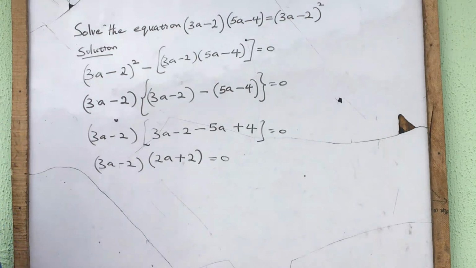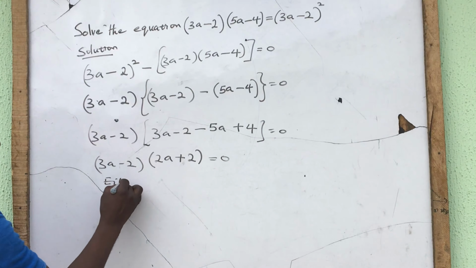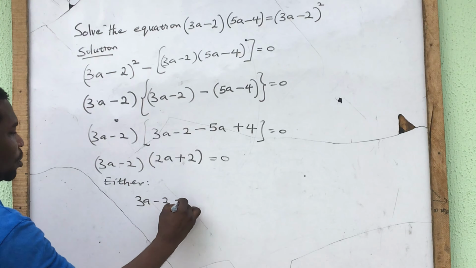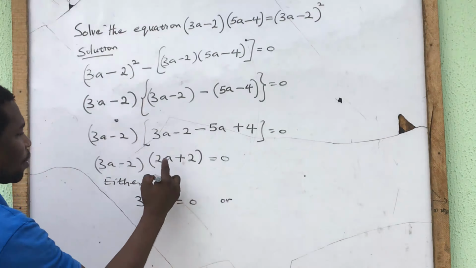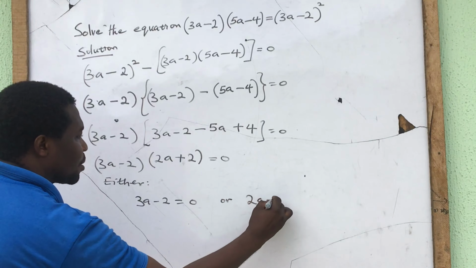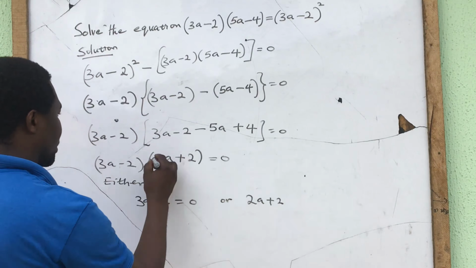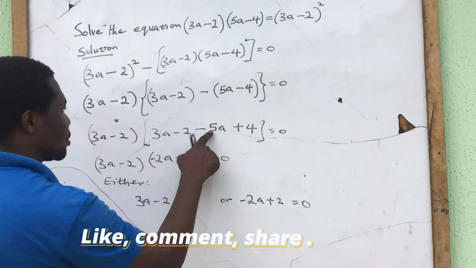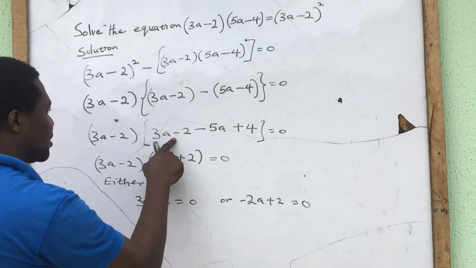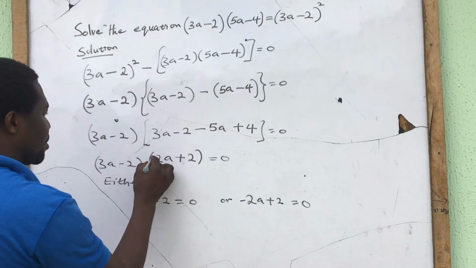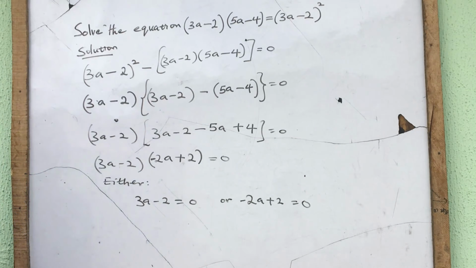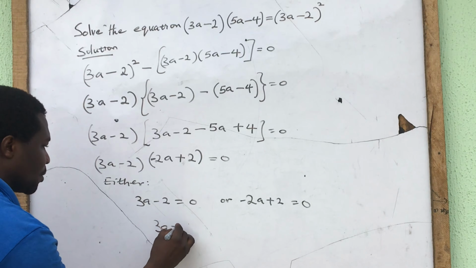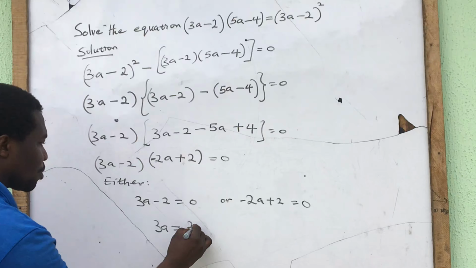So to get the value of a now, either 3a minus 2 equals 0, or minus 2a plus 2 equals 0. Because this is minus 5a, 3a, it's going to remain minus 2a here. So with this, 3a equals 2.